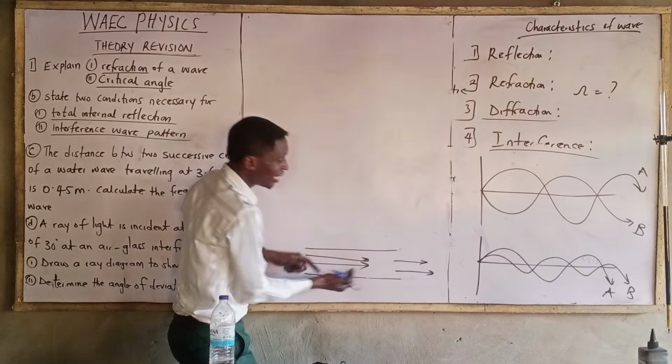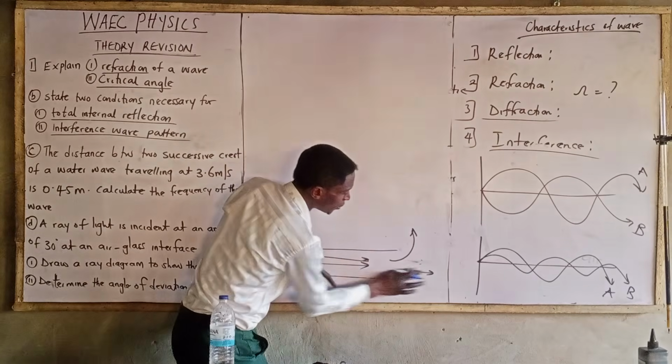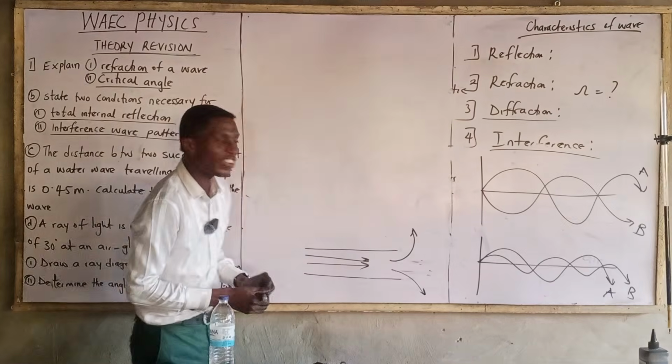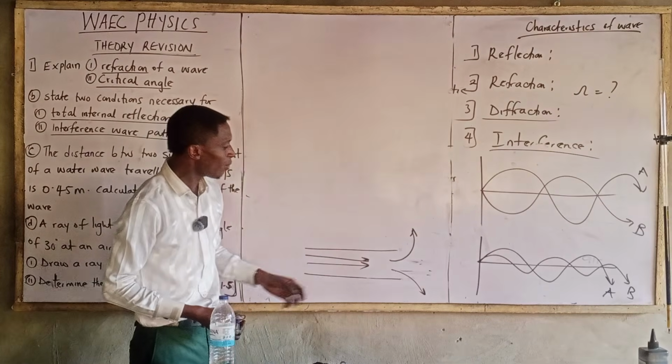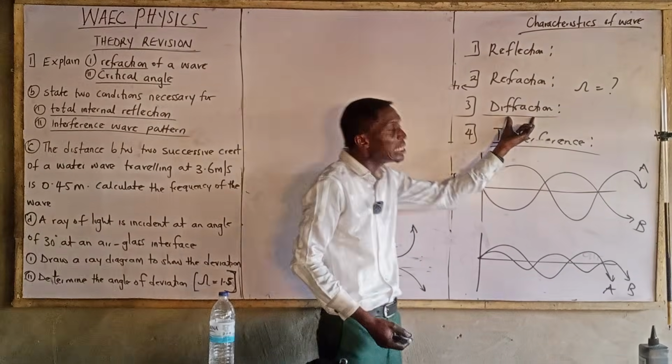Now you expect the water to bend round this obstacle that has been obstructing them in this flow. So the phenomenon or the tendency in which the wave bends round the obstacle is called diffraction.